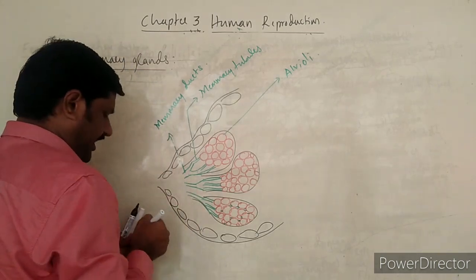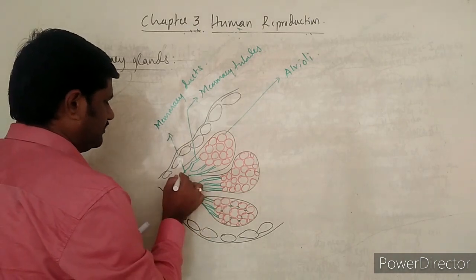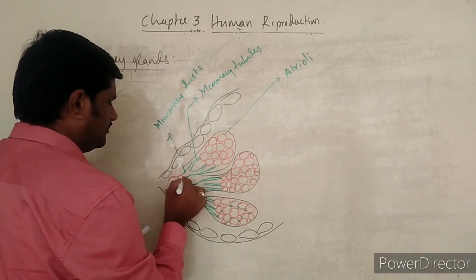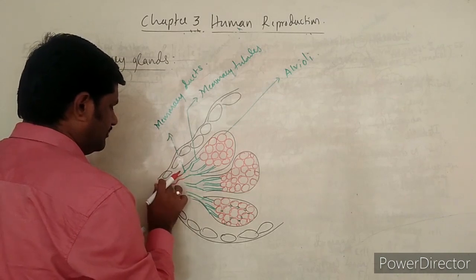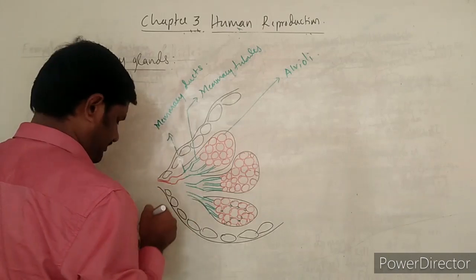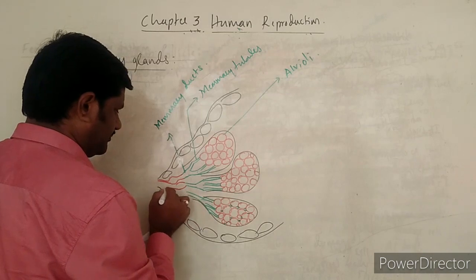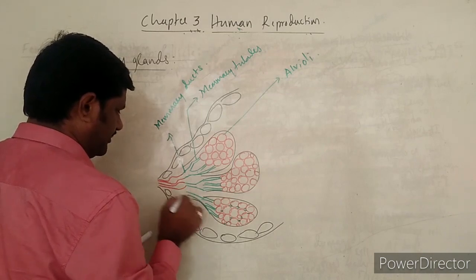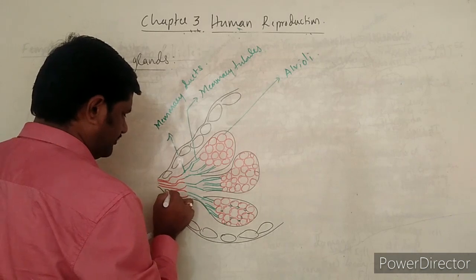And these mammary ducts swell themselves and form this kind of tubule. See here, they swell themselves, forming this kind of tubules.